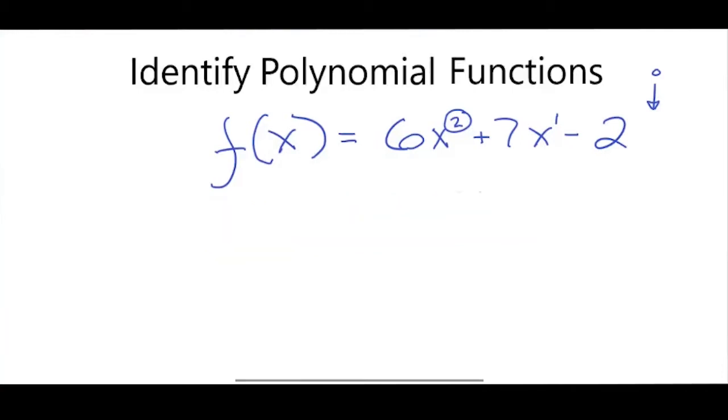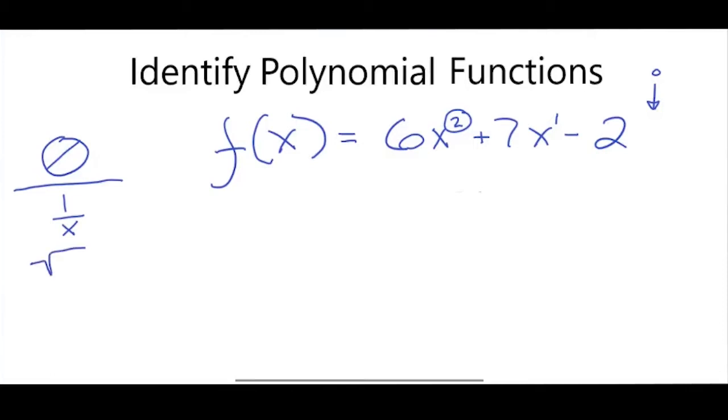So remember that these are not parts of a polynomial function. If you have a fraction and x is on the bottom of the fraction, anywhere in your function, it is not a polynomial function.